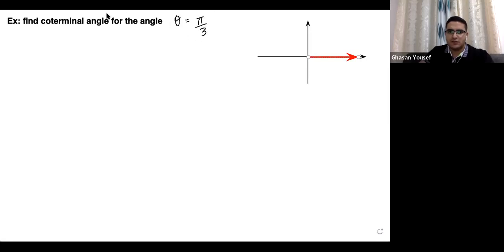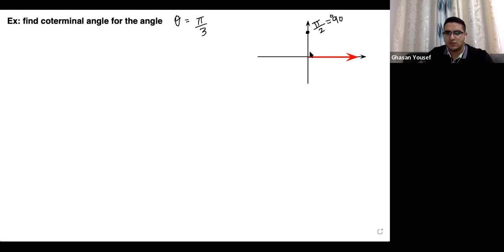Pi over 2 is 90 degrees, and its location is here, like this. Pi over 3 is less than pi over 2, so its location is in the first quadrant.